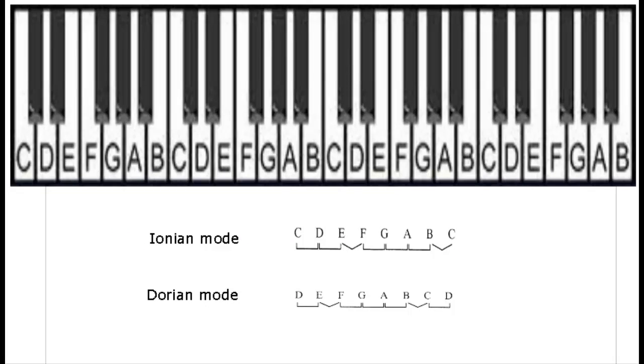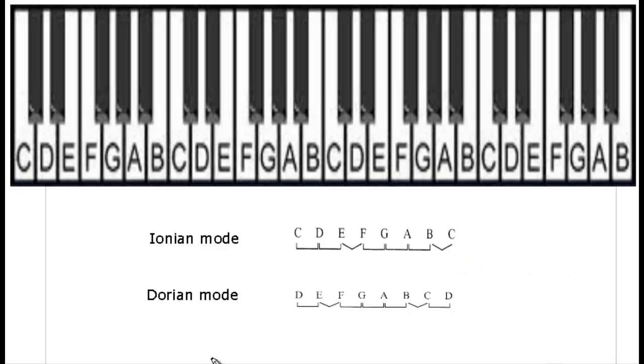And now it's time to review what we've learnt so far. The first mode of the diatonic major scale is the Ionian mode. Its underlying structure, the thing that gives it the feel of the Ionian mode, or the mood as we said, is tone, tone, semitone, tone, tone, tone, semitone.